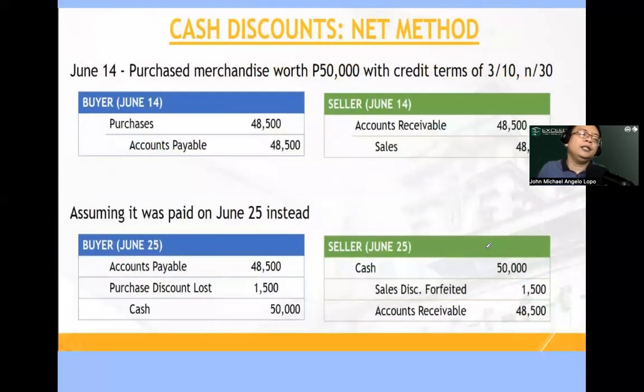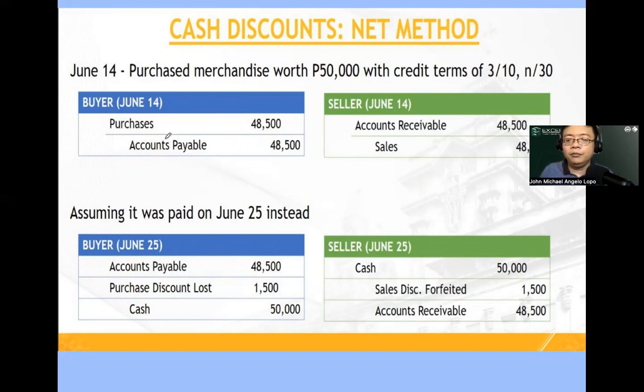Okay. So, purchase merchandise 50,000, terms 3/10, n/30. So yan, purchase, walang problema. What if 25 days? So pwede pa ba? So di na pala, lost na siya. 14 and 25, lagpas na. 48,500 plus 1,500, and cash of 50,000.